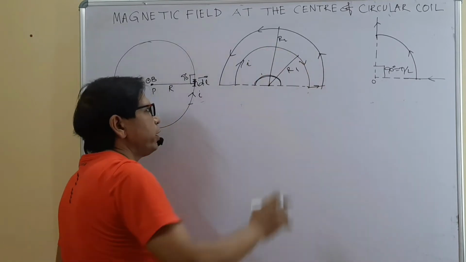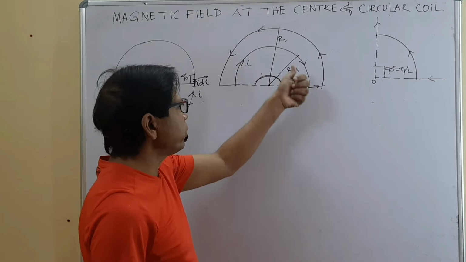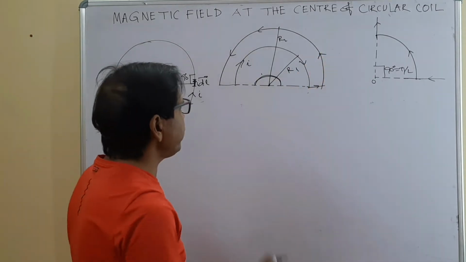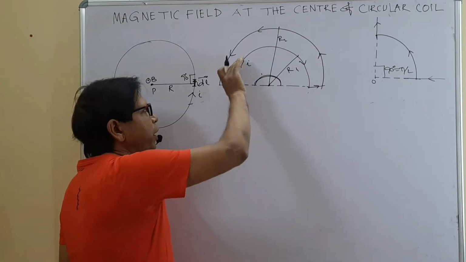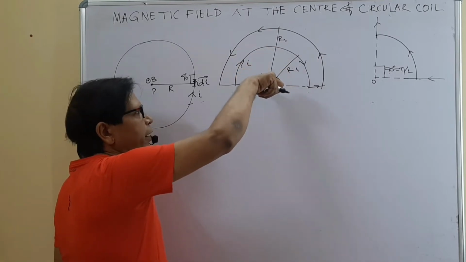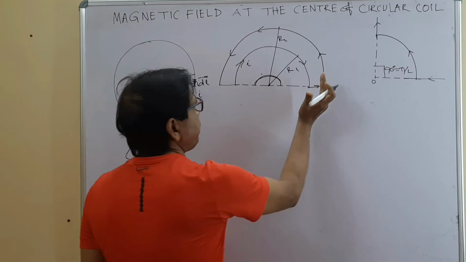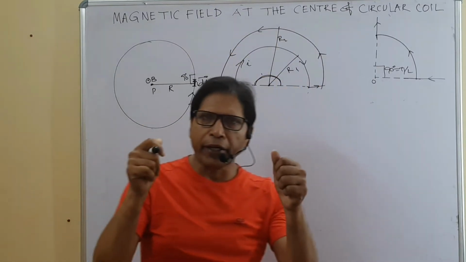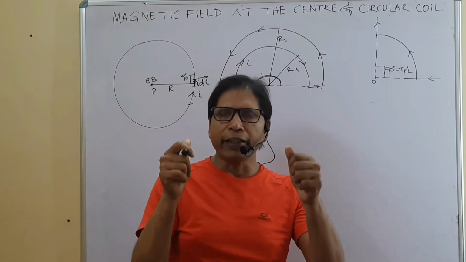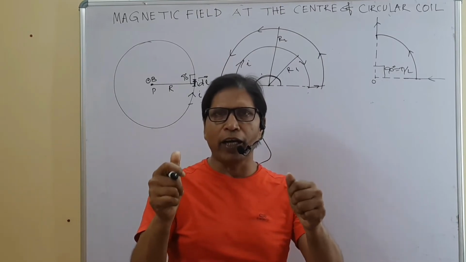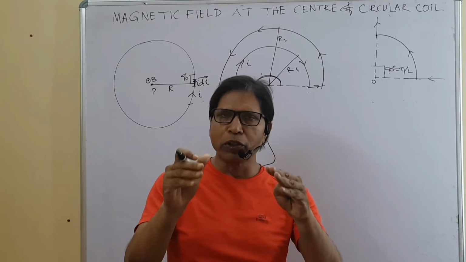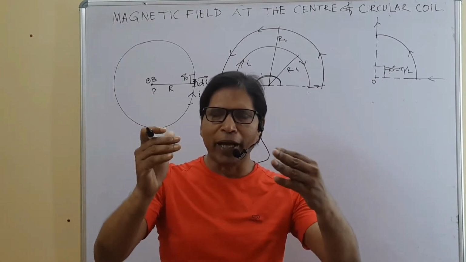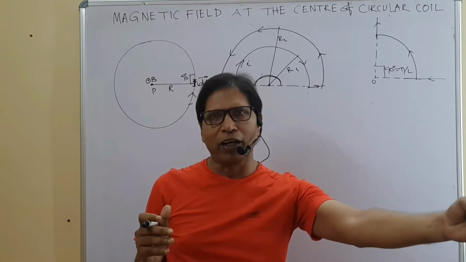Okay. Look at this. This is the current I flowing through semicircular coils of radius r1 and r2. The magnetic field due to this coil is directed inward, and the magnetic field due to the other coil is outward. So the net magnetic field at the center is the magnetic field produced by the smaller coil minus the magnetic field produced by the larger coil.